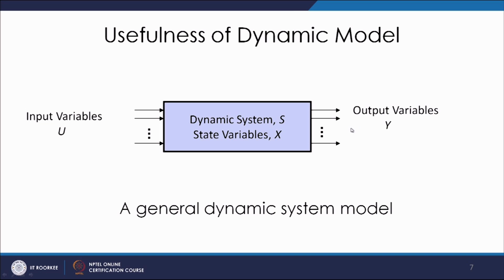So, this constitutes a general dynamic system model, where we have a dynamic system S written in terms of state variable x, subjected to certain input variables, and the output of this dynamic system when subjected to the input variables u is the output y.